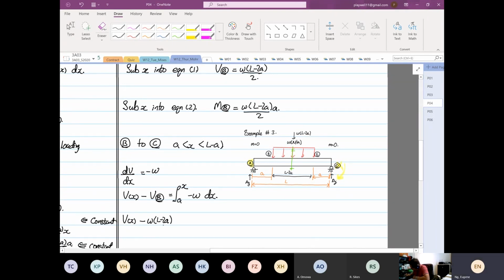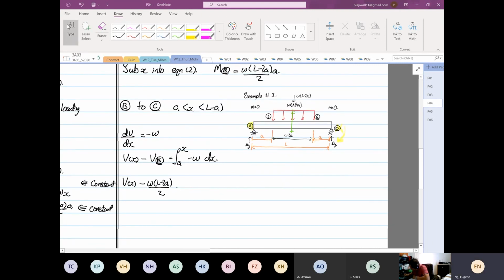divided by 2. So then over here is equal to minus omega x, and is bounded by A and x. Okay, so you have over here V as a function of x will be equal to minus omega x minus [minus omega A plus omega (L minus 2A) divided by 2].